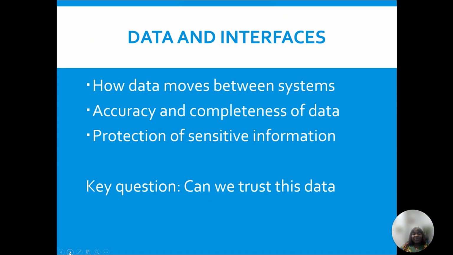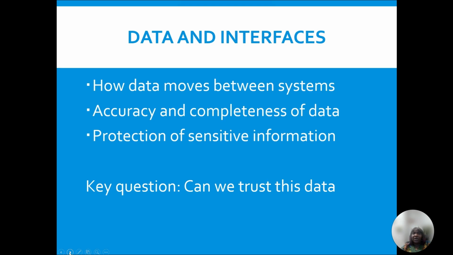And then the last one is data and interface. Basically, what we're looking at here is, can we trust this data? How does data move from one system to the other? Because some data migrates from another system into the main system you are using. Is it accurate and complete during the transition? Is there protection of sensitive information?